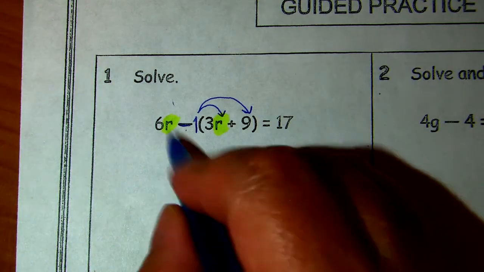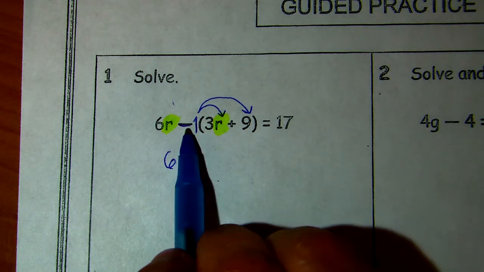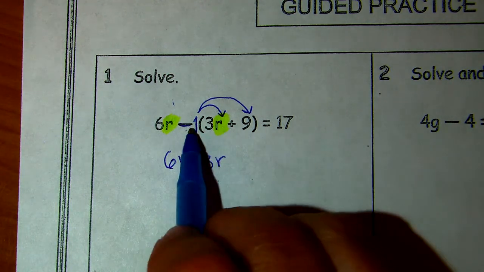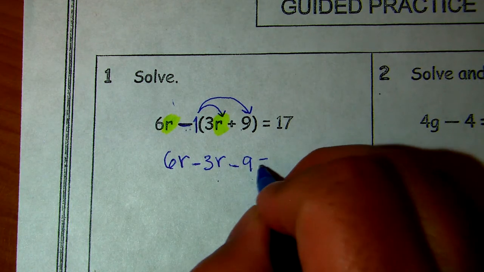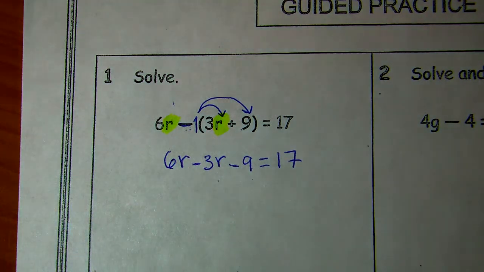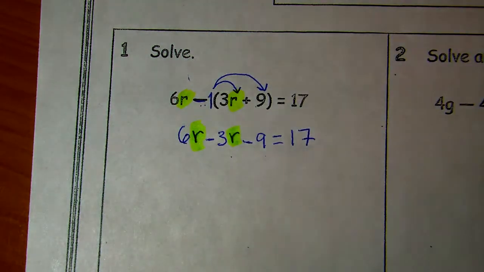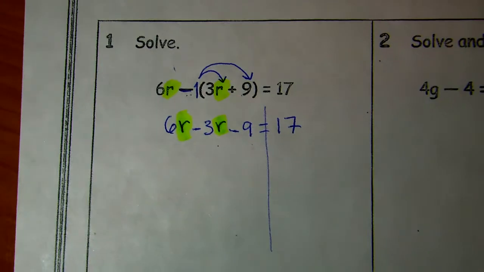Okay, so we have 6R, and then let's start multiplying. Distribute. -1 times 3R is -3R. -1 times 9, it's -9, and this equals 17. All right, so what do we do now? Remember, we're going to put the line right here.